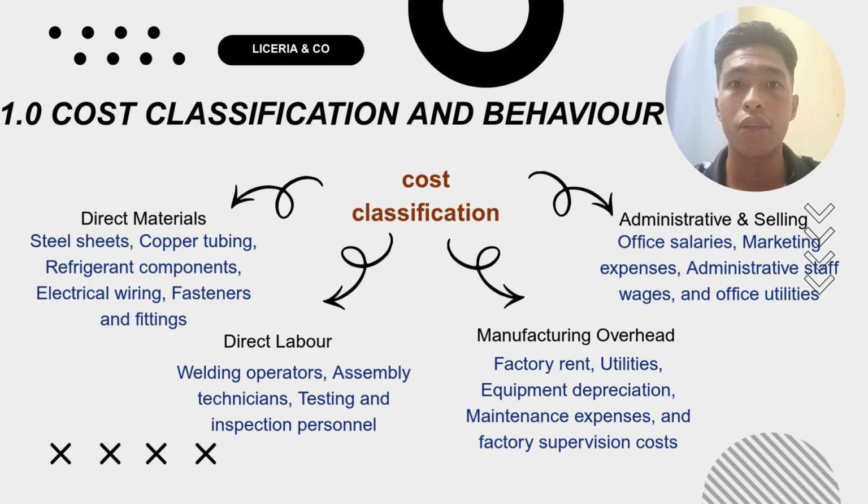Manufacturing overhead includes indirect production costs such as factory rent, utilities, equipment depreciation, and maintenance expenses. In this project, the fixed manufacturing overhead is 150,000 per month. Administrative and selling expenses are estimated at 30,000 per month.